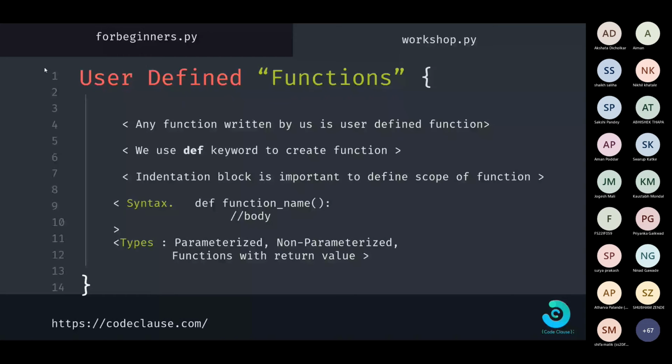In Java or C++, the scope of a particular function is defined by curly braces, but in Python we need to specify a particular indentation space to define the scope of the function. We'll see it through examples. And yes, the syntax is def function name, and inside the function, after the indentation block, we need to specify the body of the function.